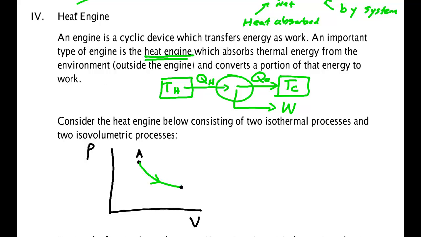We could maybe draw that for the moment as red area here. So work was done in this situation, but there was no change in the internal energy. That means that in order for that work to occur, there had to be heat provided by the environment. The heat that was provided was our friend QH.